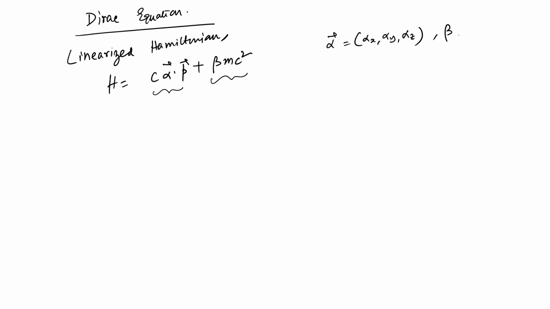But one is that alpha has 3 components, alpha x, alpha y and alpha z, sometimes called alpha 1, alpha 2 and alpha 3, and beta is another, and so on. And there are certain properties that are going to emerge of these alphas and betas, which necessitate us to take these forms, that they are not scalar quantities, they are actually matrix quantities.